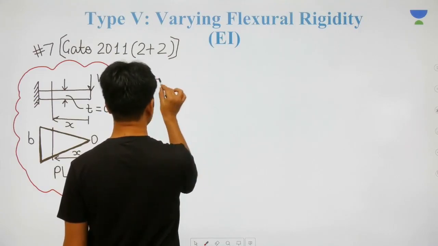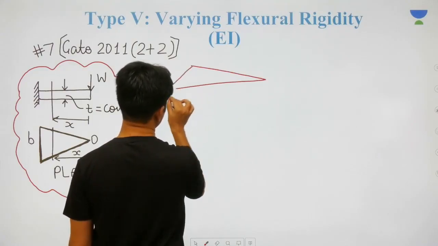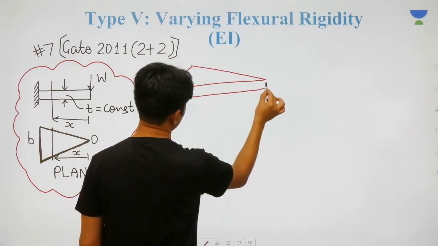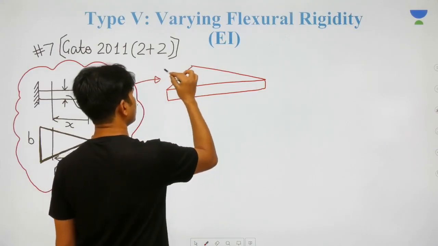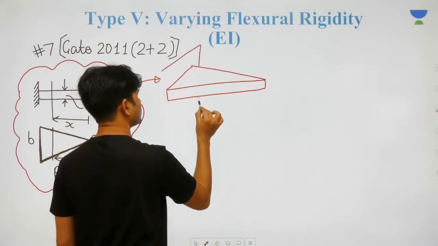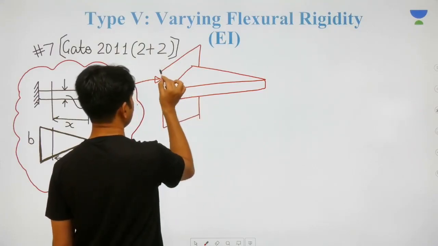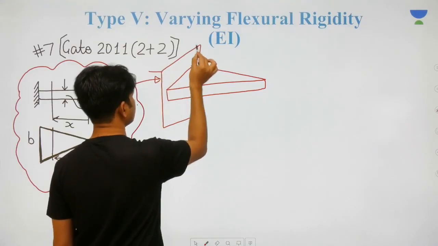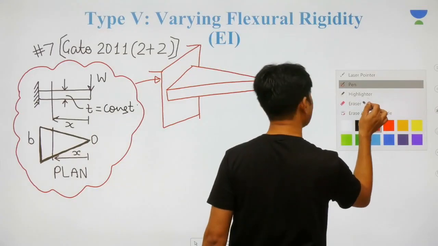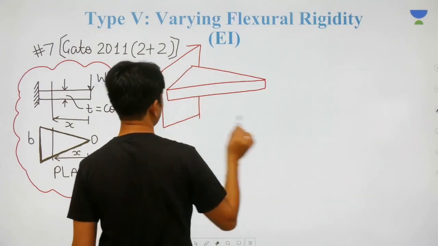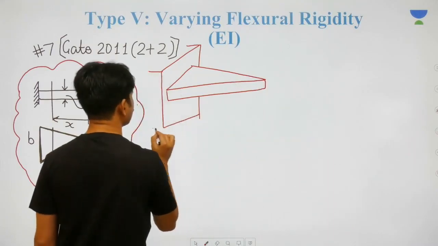If I give you the 3D visualization, the beam is going to look something like this. You see, this beam has constant thickness everywhere and variable width. So the width is continuously varying and the thickness is remaining constant. You will say this still looks triangular, no?